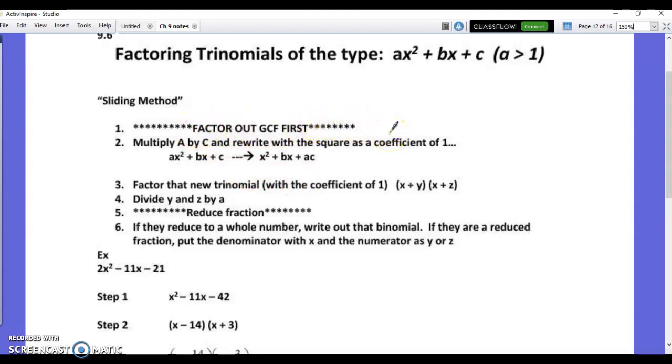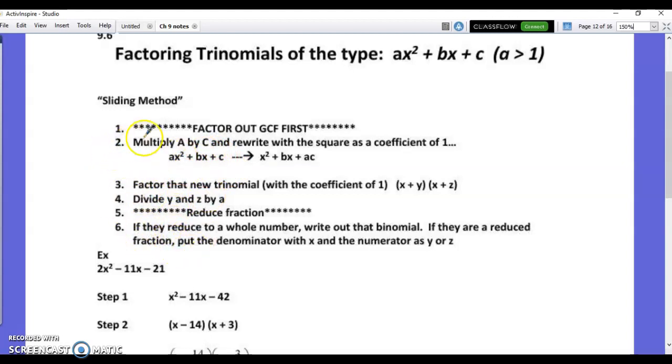If it's a trinomial that you can take out a GCF for and then continue to factor, if you do not do that, this method will not work. So that's why I have all these stars here. The first step is always going to be to factor out the greatest common factor. However, the first examples that we do are going to be where we don't have a GCF to take out, just so you can get the pattern down.